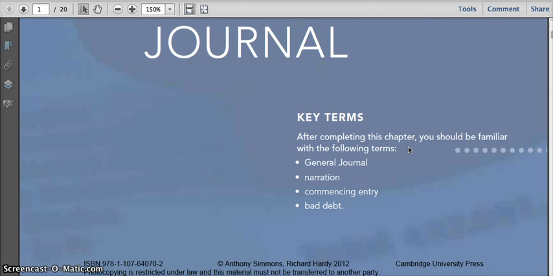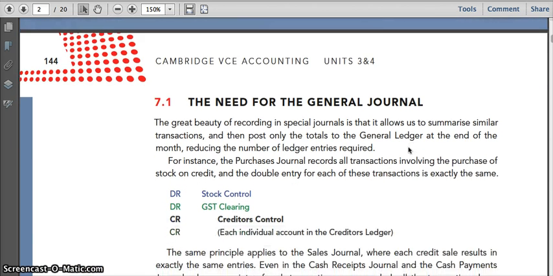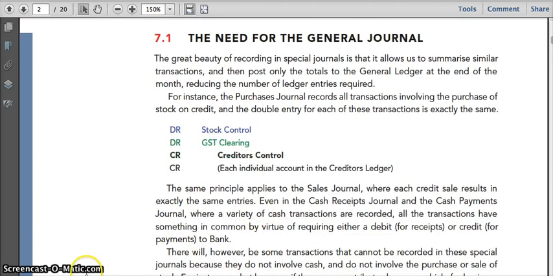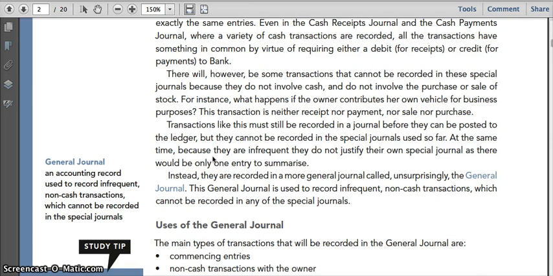So some examples of that are as follows. An example would be a transaction that doesn't involve cash or did not involve the purchase or sale of stock. For example, what happens if the owner contributes her own vehicle to the business for business purposes?